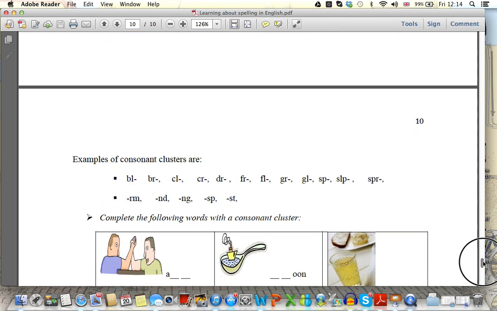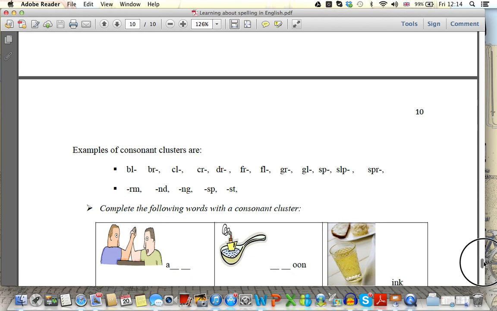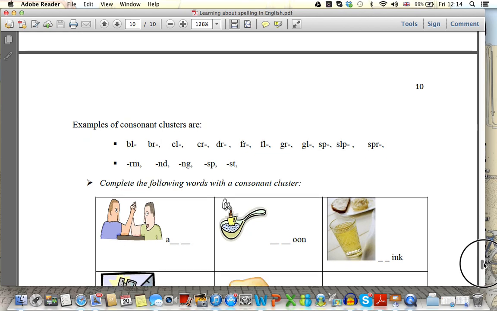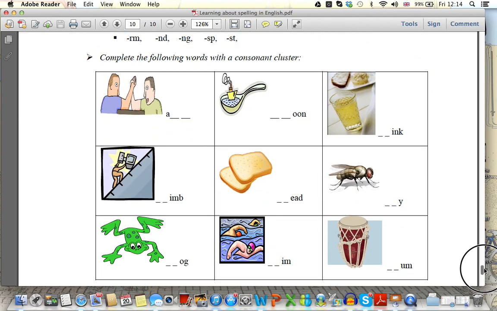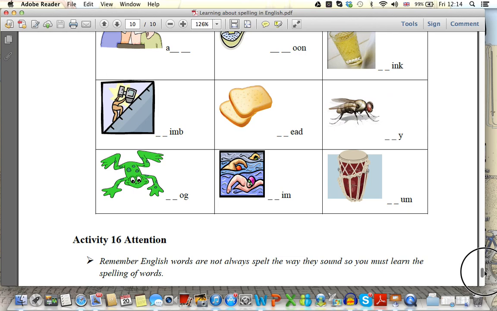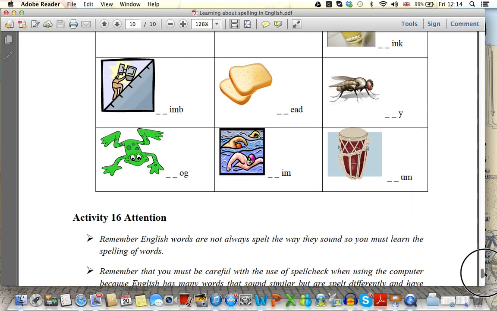And what I mean by these consonant clusters are where we have BL, as in, for example, blue, and bread, and clown, and many more. So you can practice these and you can complete the activities here in the pictures by putting a group of consonants and then pronouncing the word.